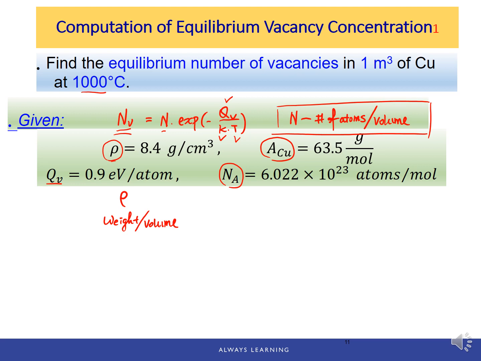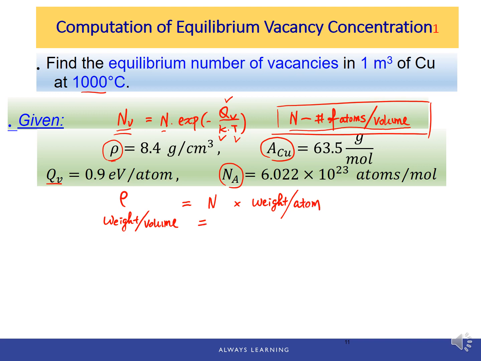And we can also say this density equals the number of atoms per volume, since that's what we're looking for, times the weight of each atom.